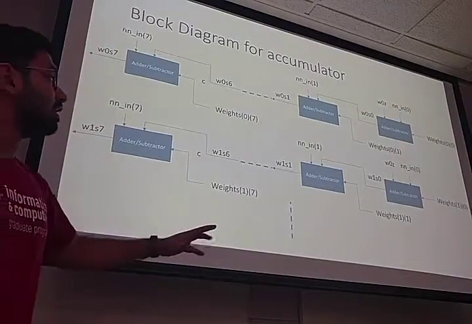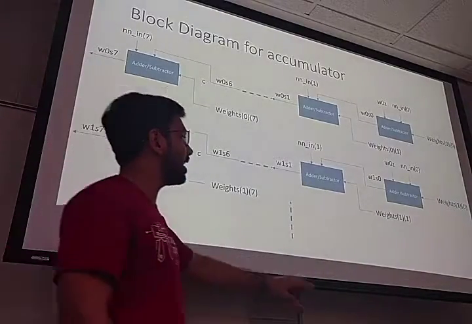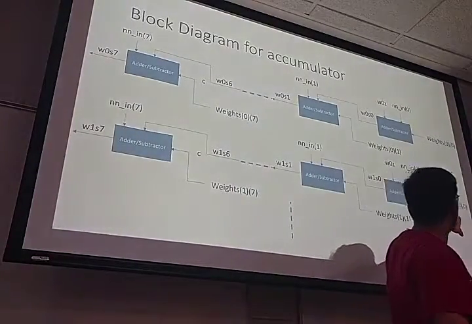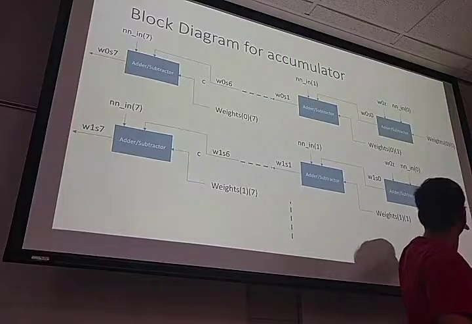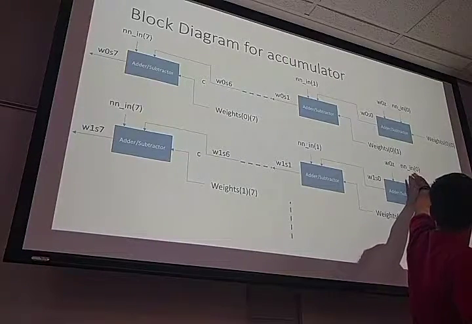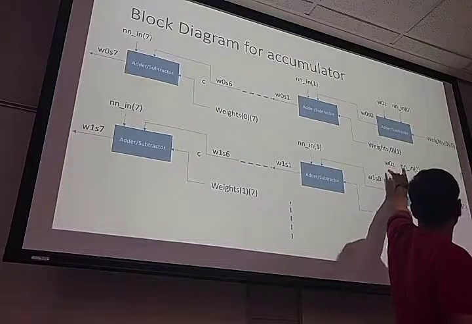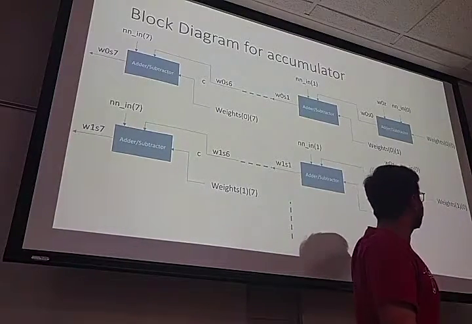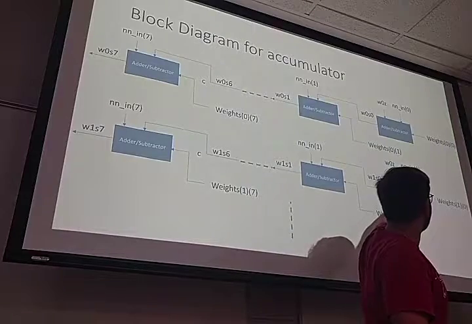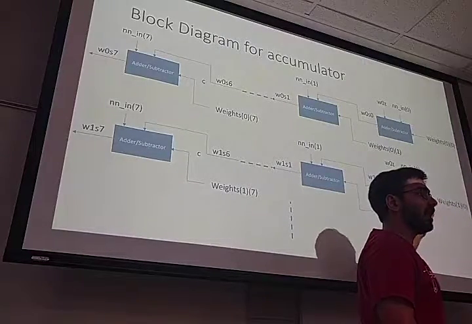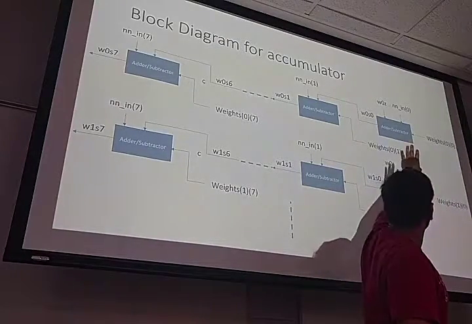So this is how the accumulator works. We have weights coming in from here, which acts as a control signal for the adder. This is the input vector, and this is just a standard 0, so that we know whether we're subtracting or adding for the first element.